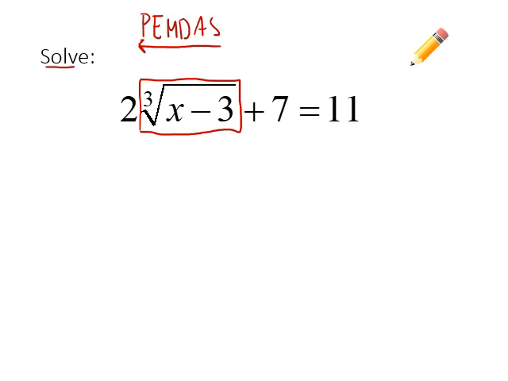So first I have to get rid of this plus 7 by subtracting 7 from both sides. I now have 2 cube roots of x minus 3 equals 4. I almost have that root symbol alone.